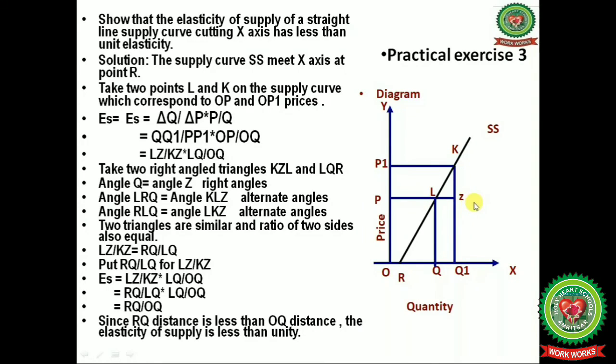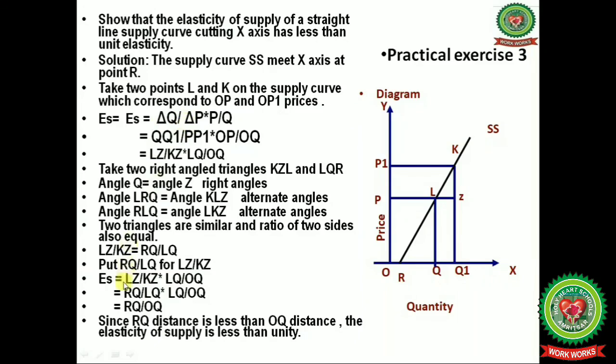Now two triangles are similar and the ratio of the two sides are also equal. Now LZ divided by KZ, and in this triangle RQ divided by LQ. Now put the values, these both are equal. Now put the values in the formula, like here LZ divided by KZ.